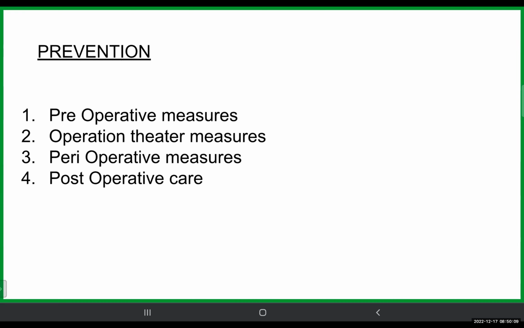If it is a simple surgical site infection where only the superficial part is involved, only redness or edema or mild discharge is there, I will do normal dressing. I will send it for culture and sensitivity. If there is pus, then I will start empiric antibiotics, wait for the definitive result, and then continue.